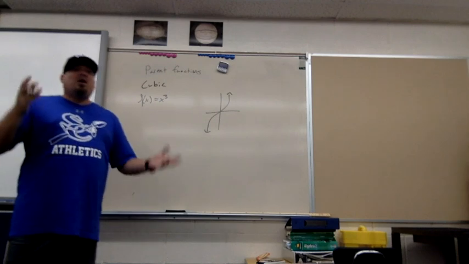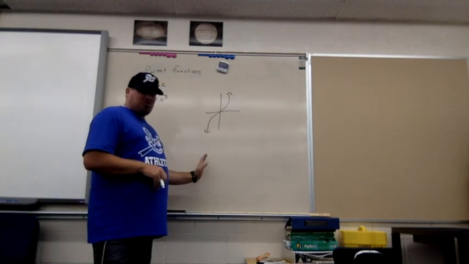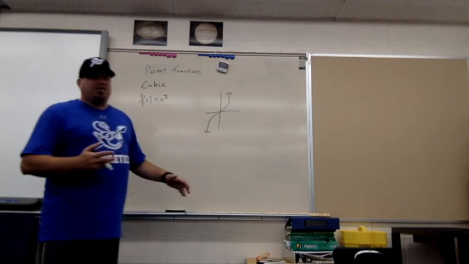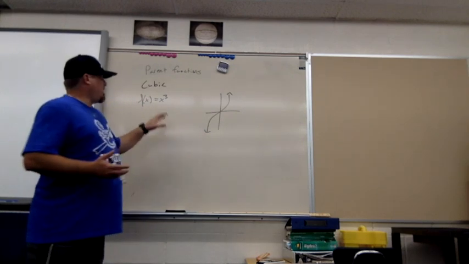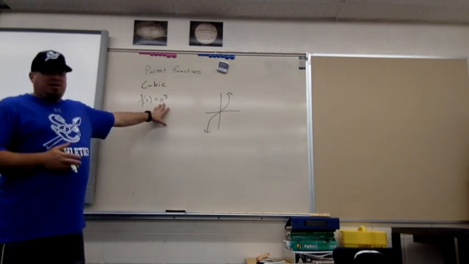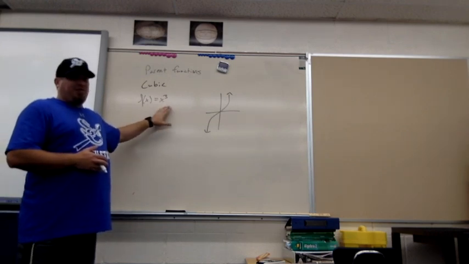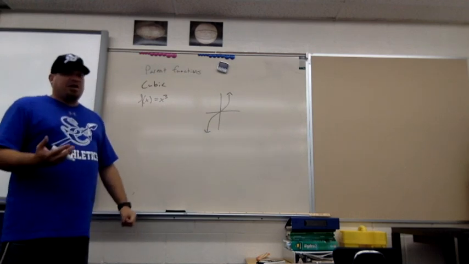Okay? So, the domain. Again, this one is a little misleading because it kind of looks like it goes straight down and stops expanding. However, it doesn't, because there is no x value that I can't plug into here. I can plug in negative 563 and then multiply negative 563 times negative 563 times negative 563, and I'm still going to get an answer.